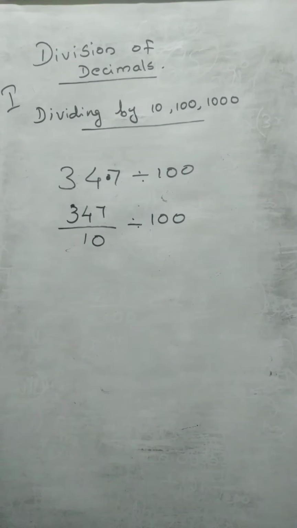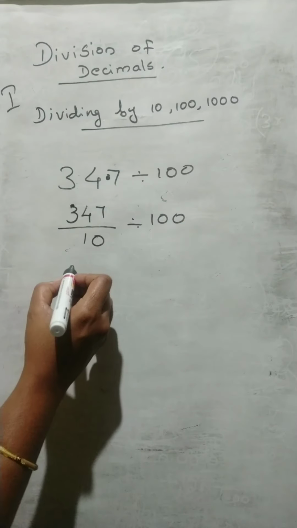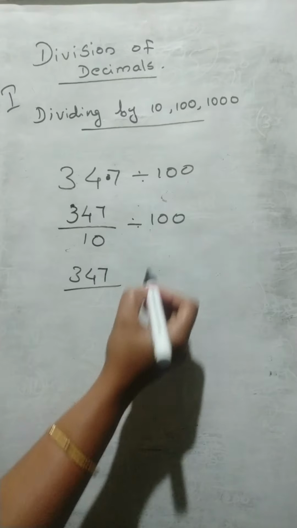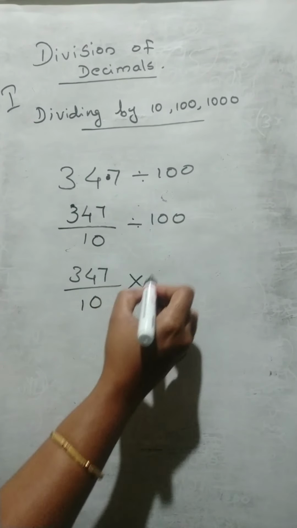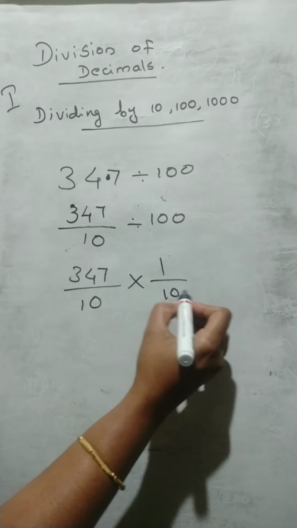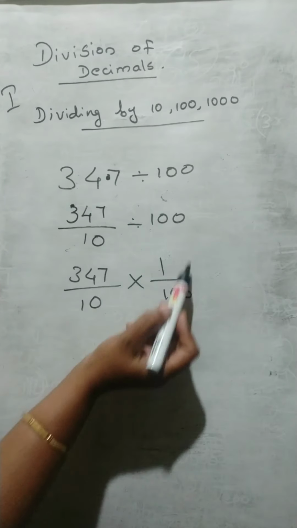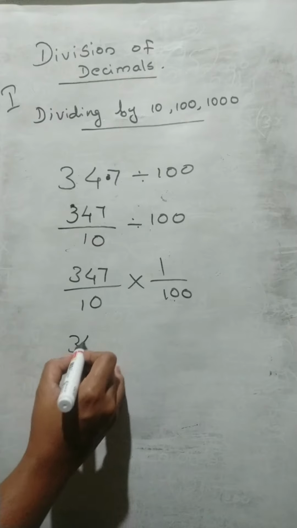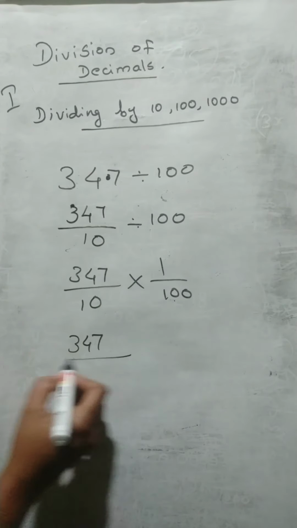Then take the reciprocal of the divisor. This 100 is the divisor, and multiply by the reciprocal, 1 on 100. Then multiply that. Then 347 into 1, 347 itself.